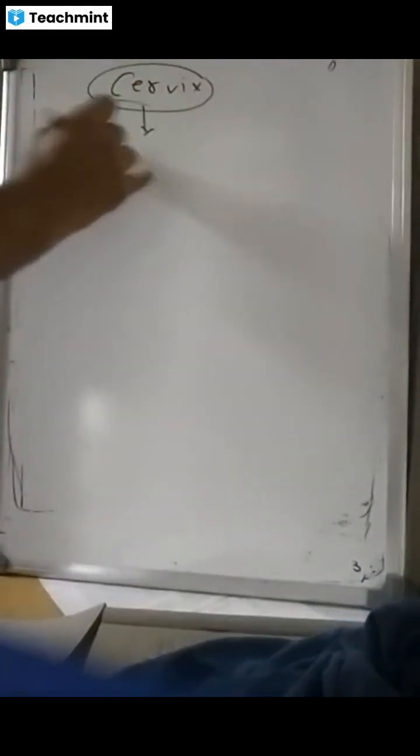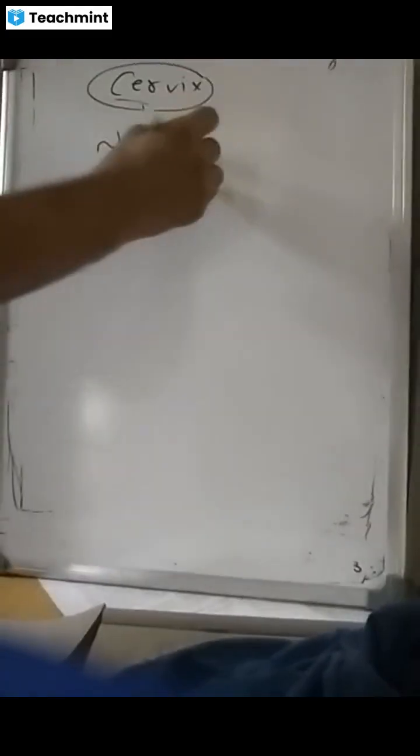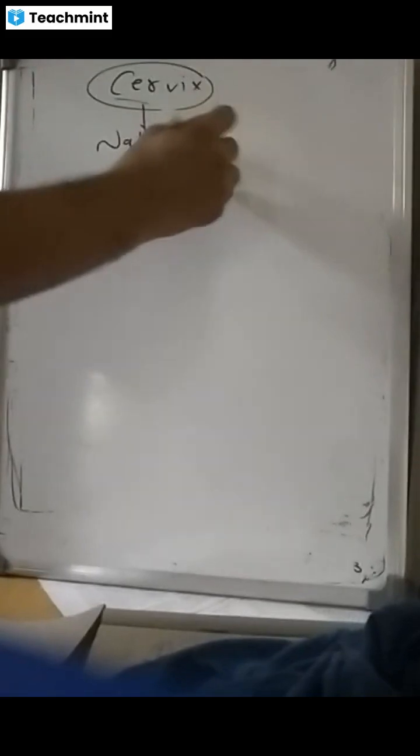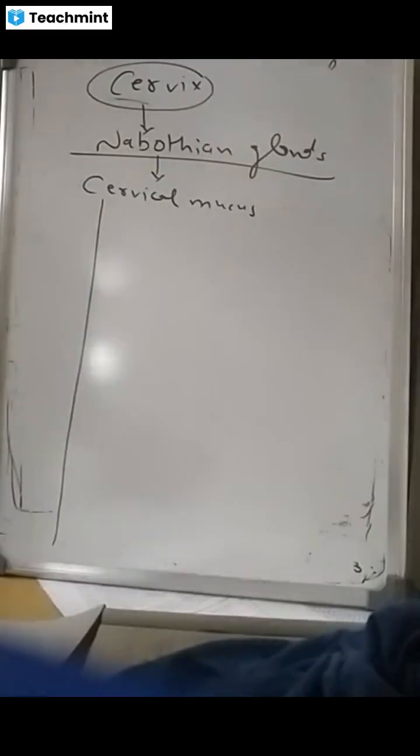Related to the cervix, there are the Nabatean glands, and they secrete cervical mucus, and this mucus has a pH of 8.4. It is predominantly mucin type.